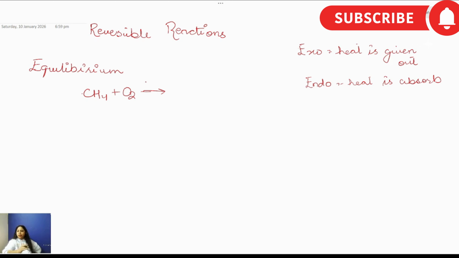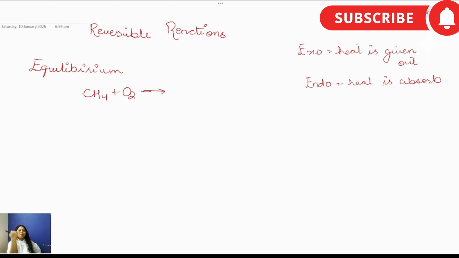Every time we talk about combustion, the products are the same. If you're burning something, what would be produced? These are the reactants. What would be the products? Carbon dioxide and H2O. Exactly. So you know the answer.